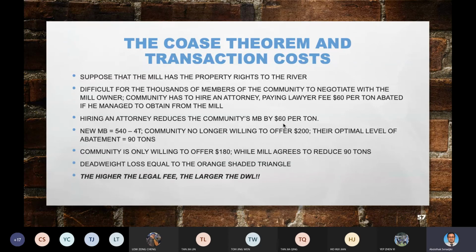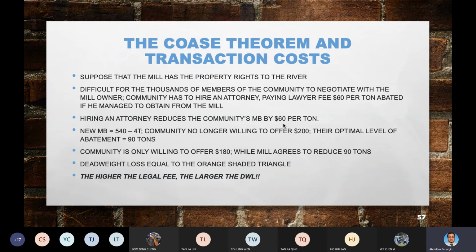Now we suppose that the mill firm has the property right to the river. It is difficult for the thousands of members of the community to negotiate with the firm, the owner of the river, because the property right is hers. The community therefore has to hire an attorney, paying a lawyer fee of $60 per ton abated that he manages to obtain from the firm.